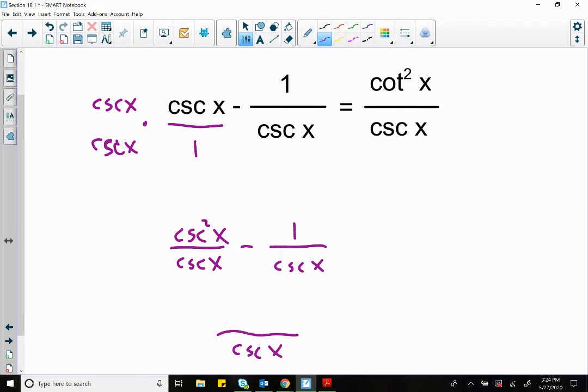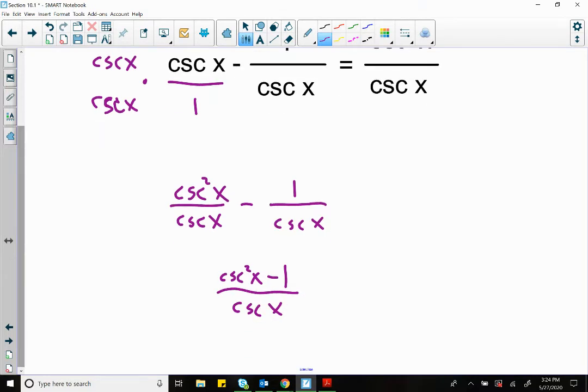And when we put these two fractions together, you get cosecant squared x minus 1. Hey, we have something that kind of looks like that. You have a Pythagorean identity that says 1 plus cotangent squared equals cosecant squared.